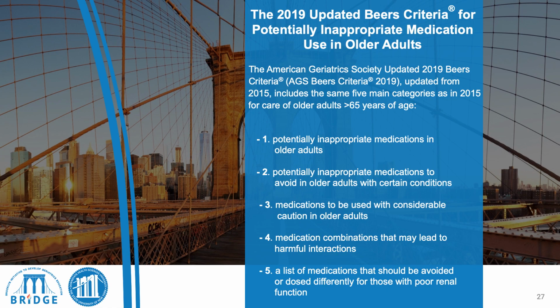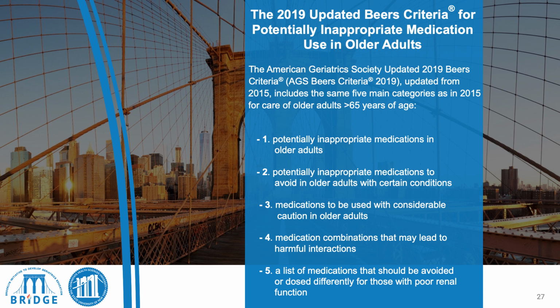The 2019 updated Beers criteria for potentially inappropriate medication use in older adults is similar to the one that came out in 2015. It includes the same 5 main categories as the 2015, but I think the age range is a little bit different.